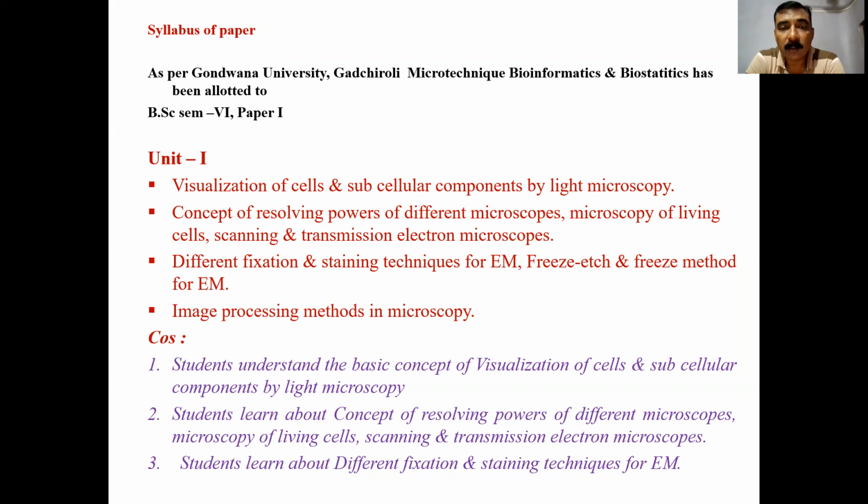Then the concept of resolving power of different microscopes. In visualization of a cell, we get an image 1,000 times bigger than the original size. The nucleus, cytoplasm, and cell organelles can be seen in much bigger size with the light microscope.